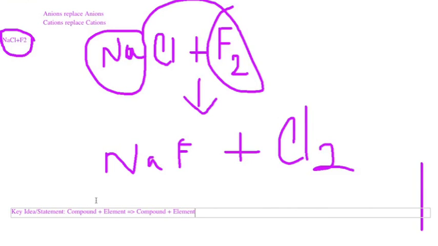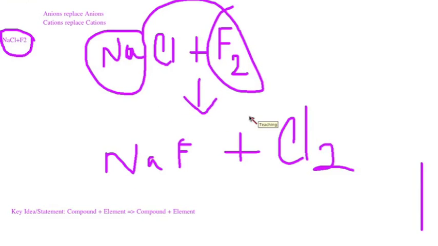We can prove this because NaCl is a compound, and an element is iron. But when we did the single replacement of these, we have another compound now with an element left alone.